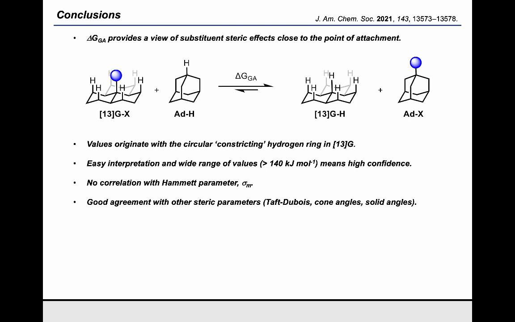Our parameter provides an improvement on the A value in terms of size at the point of attachment, because conformation or averaging issues are avoided, and it provides a symmetrical constriction force around the substituent to do this. The data can be easily interpreted, and it can be done so with high confidence, as we have an energy range that spans over 140 kilojoules per mole, and our parameter is in good agreement with other steric parameters such as the Taft-Dubois, cone angle, and solid angles.